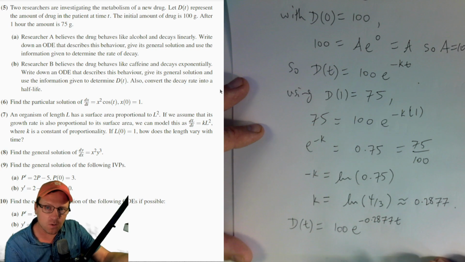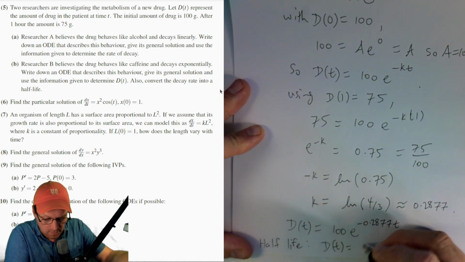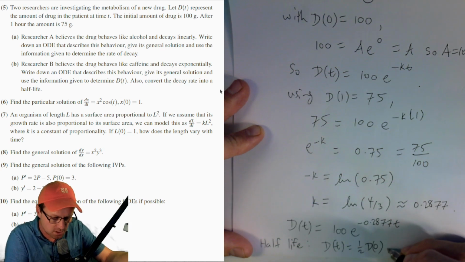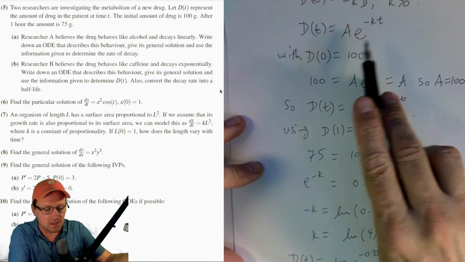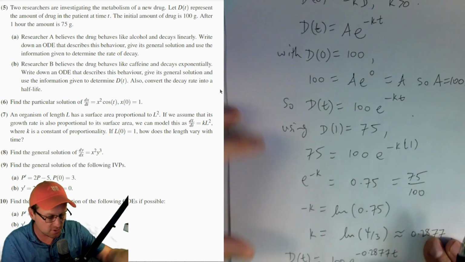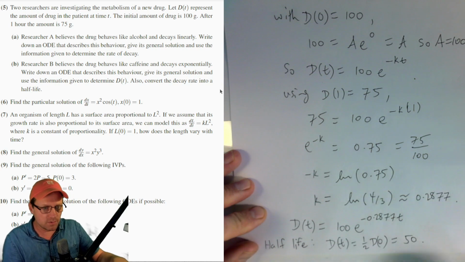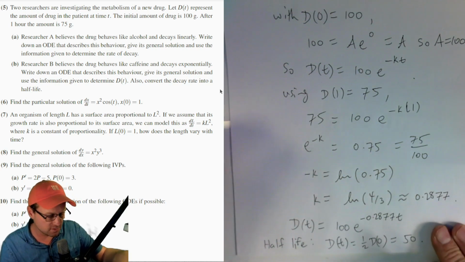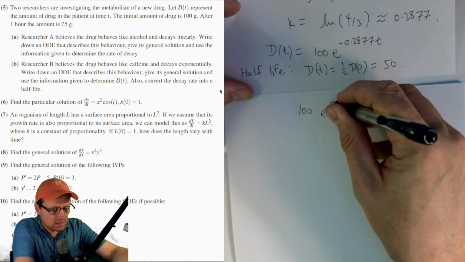Now, for the part of this question that asks about the half-life, D(t) is 1/2 D(0). Because D(0) is just A, and we know A is 100, 1/2 of 100 is 50. What we want to do with this is solve for t to get the half-life.